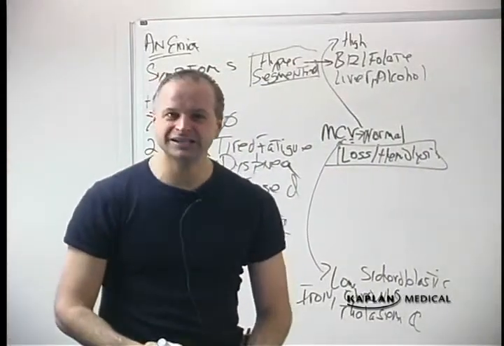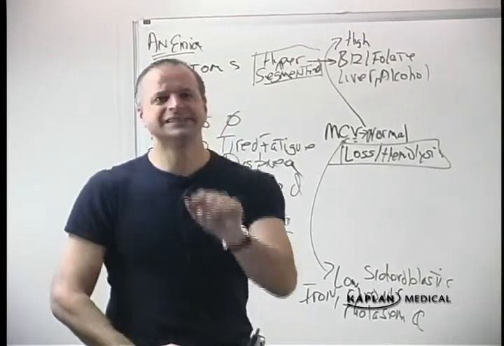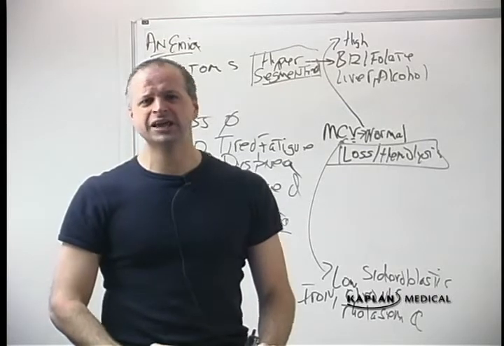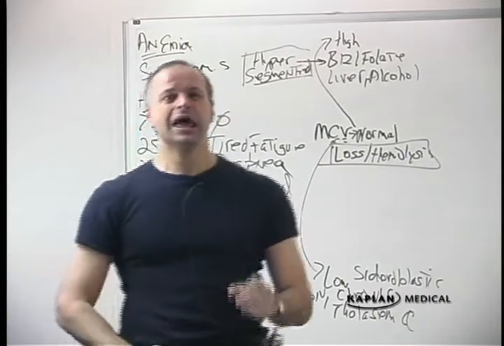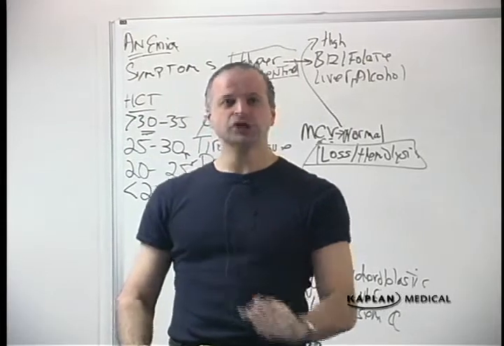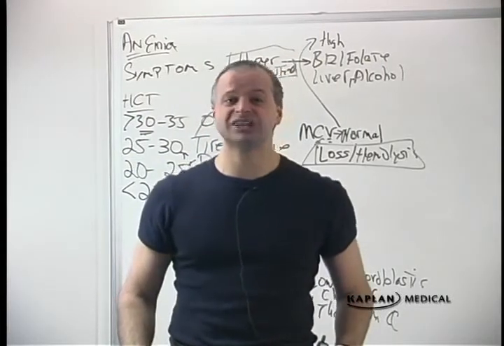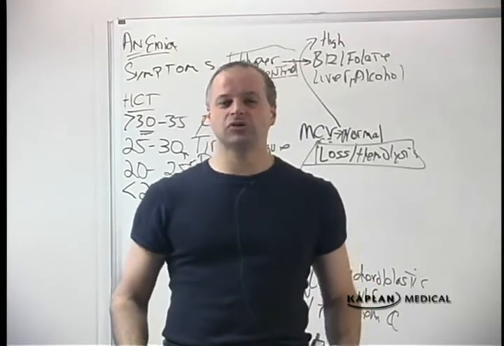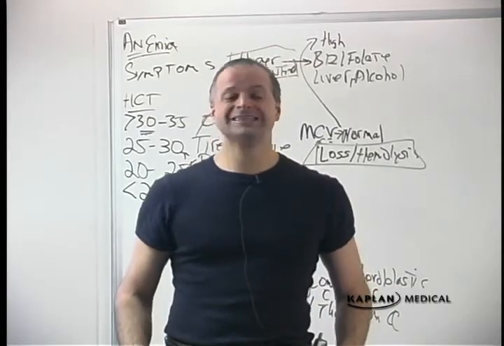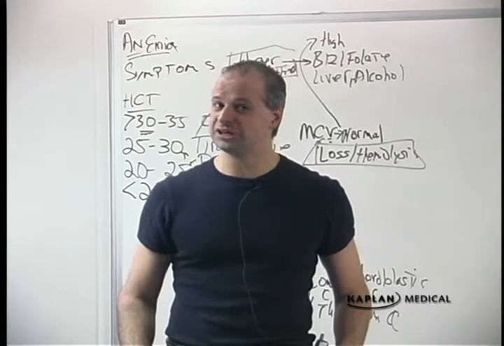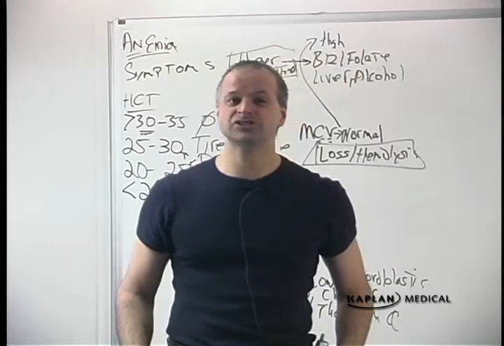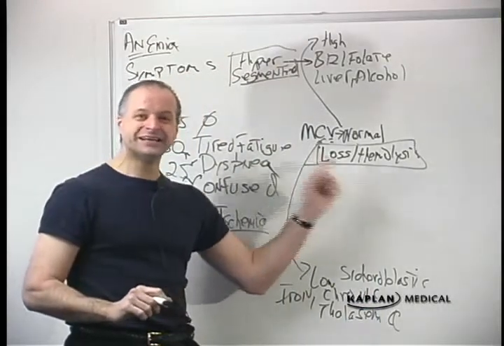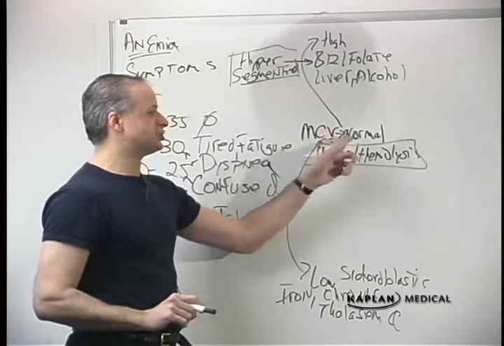The reason that the mean corpuscular volume is normal is that if you bled out a pint or 2 pints, 2 liters of blood from your rectum today, your bone marrow does not have the time to change the size of the cells that are being produced. In other words, things that cause normal MCV anemias tend to be acute. And the two acute ways to lower the hematocrit are blood loss, bleeding, and hemolysis. These are the two main things.